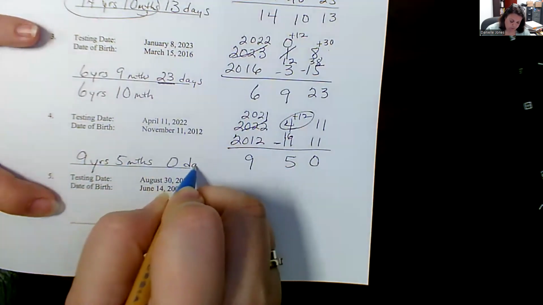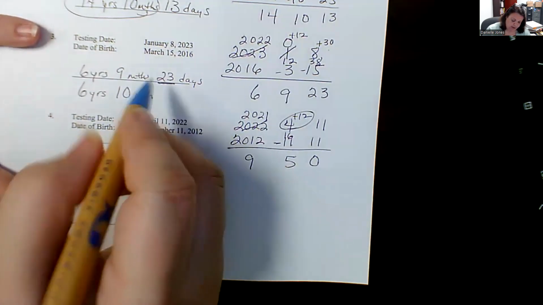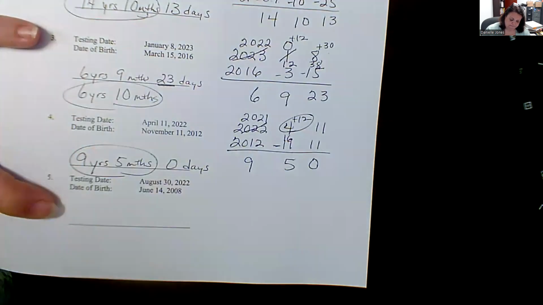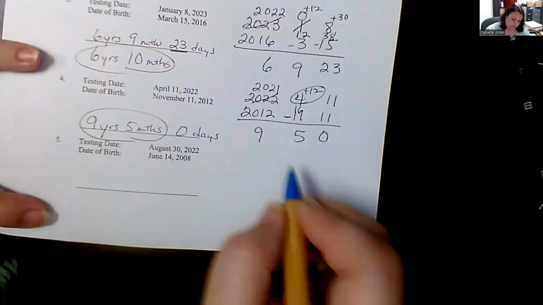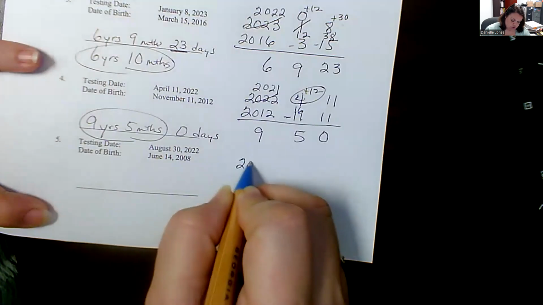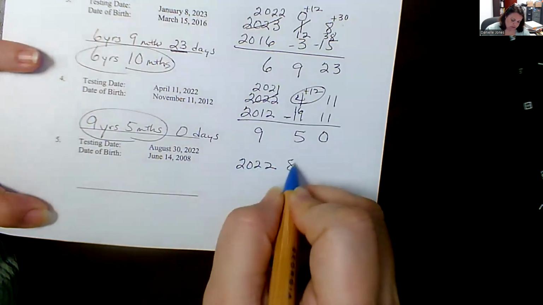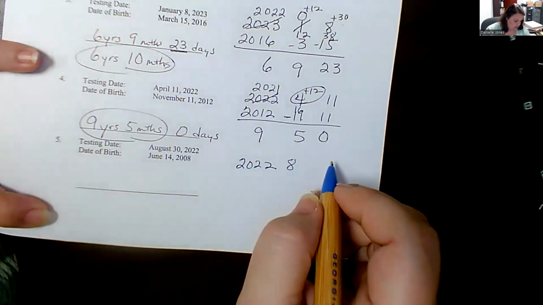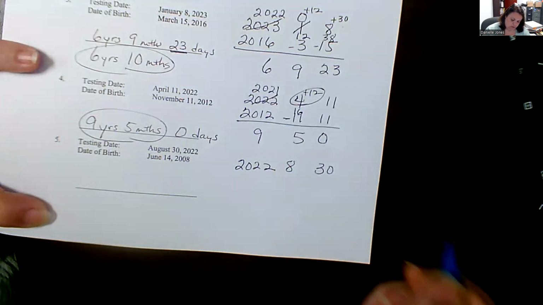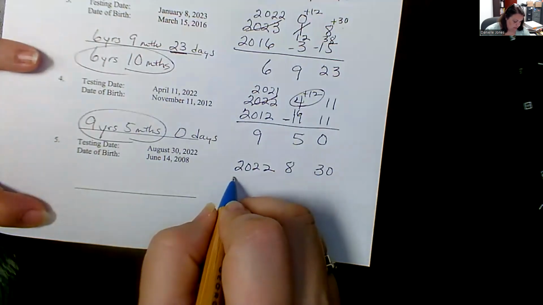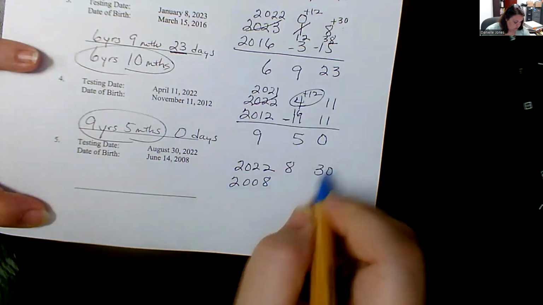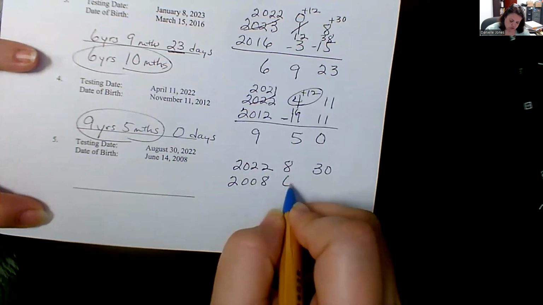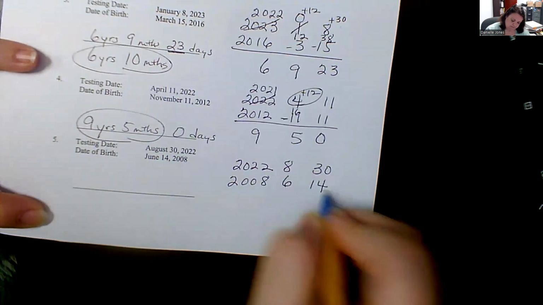You could write it out if you wanted to, but you wouldn't even have to put that. And the last one, 2022, 8 and 30, August 30th. And then I would put 2008, and then June is 6, 14.